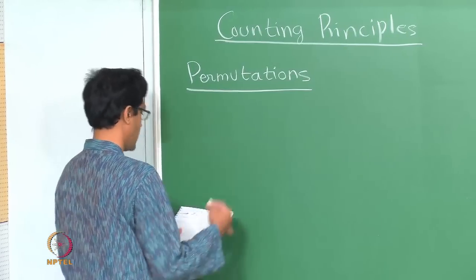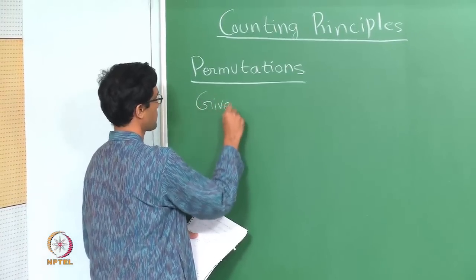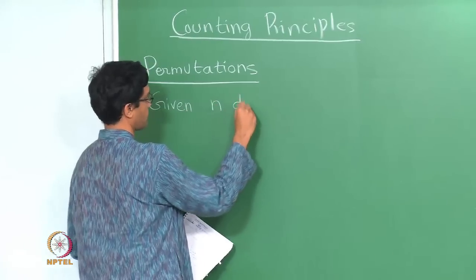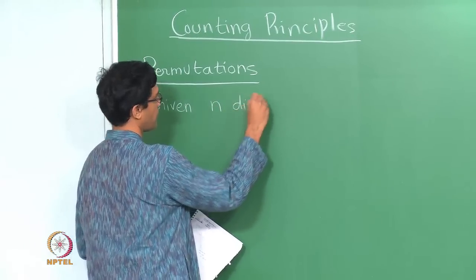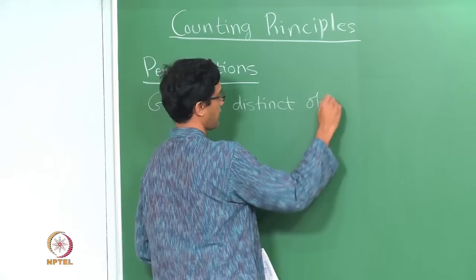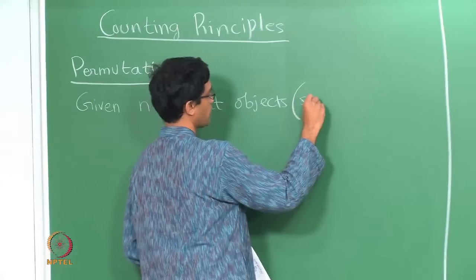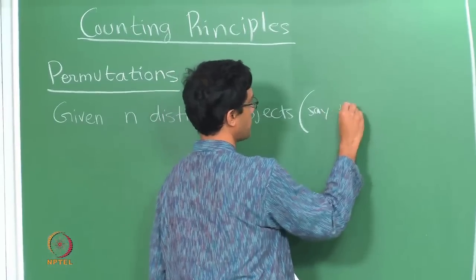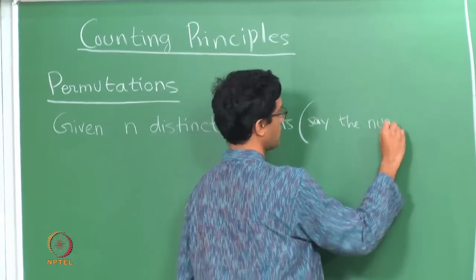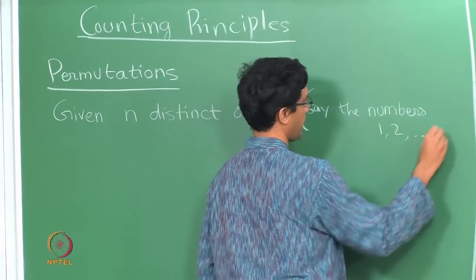So let's write this out formally. Here's a question: given n distinct objects, where n is some natural number 1, 2, 3 and so on, and often it's convenient to just think of those n objects as being the numbers 1, 2, 3 till n.